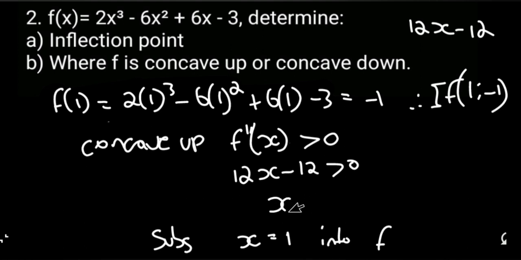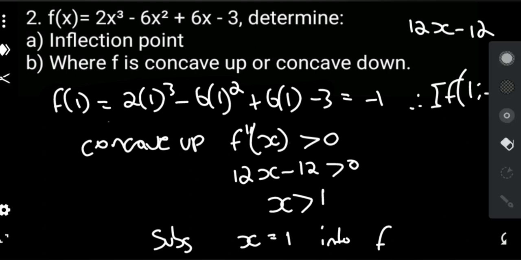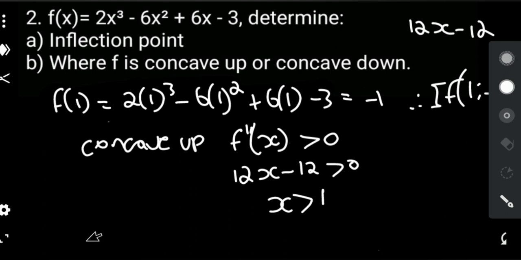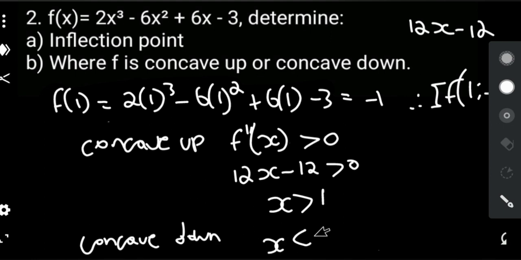So x should be greater than 1. And for concave down, x must be smaller than 1.